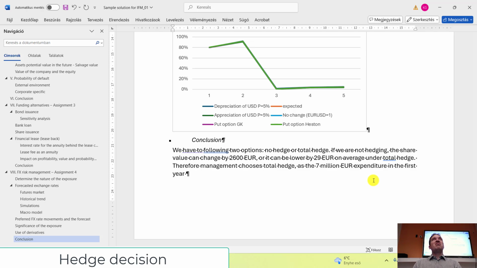It insulates them. Mitigates, yes. Mitigates the risk of FX exposure and unnecessary share price volatility.